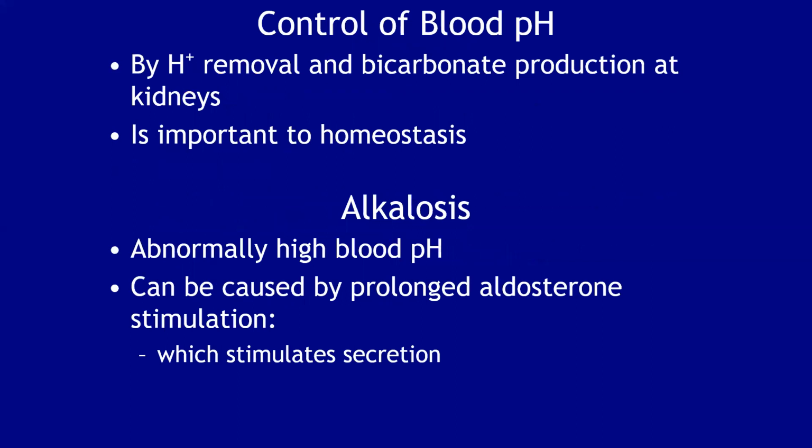Homeostasis in regard to blood pH is maintained either by having hydrogen ions or bicarbonates present, depending on what we need. Alkalosis means you have abnormally high pH. If you have too much aldosterone stimulation, you can go into an alkalosis situation.